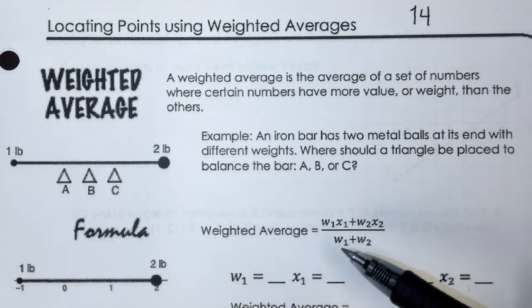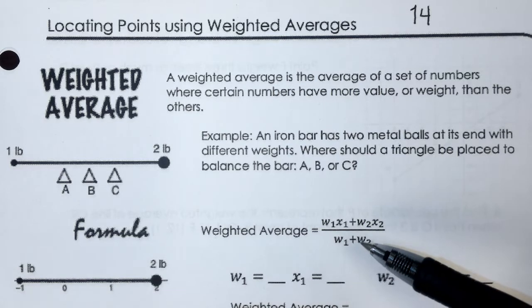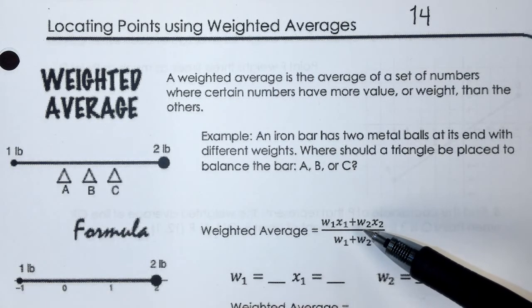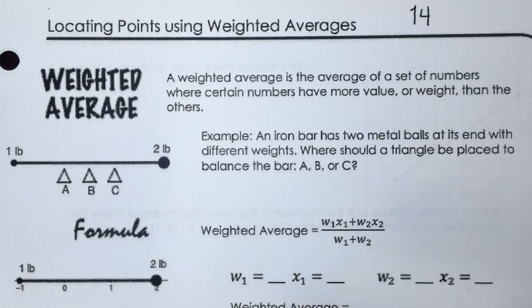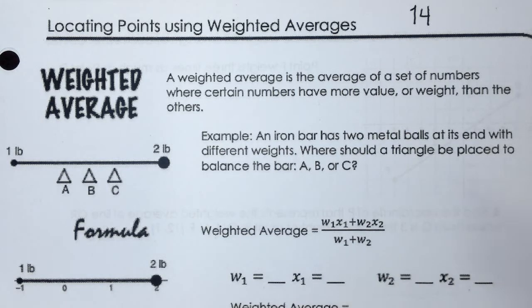The formula for weighted average is weight 1 times x1, where x1 is just your first point, plus weight 2 times x2, which is your second point. And then at the bottom, you divide by the 2 weights added together, and that'll give you your weighted average. Remember, midpoint is just taking an average, so that's why this formula looks similar to the midpoint formula.